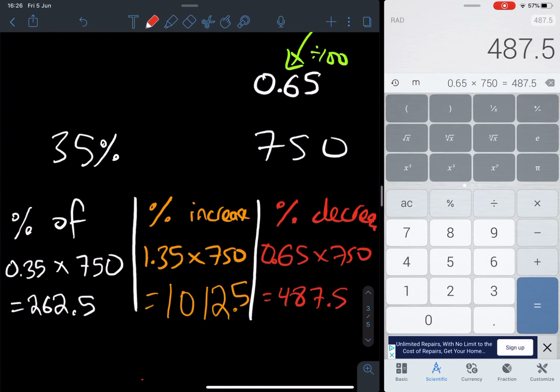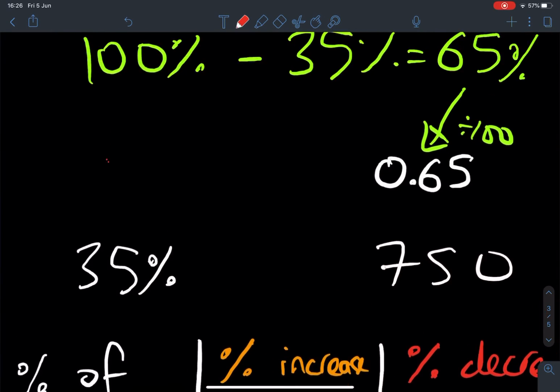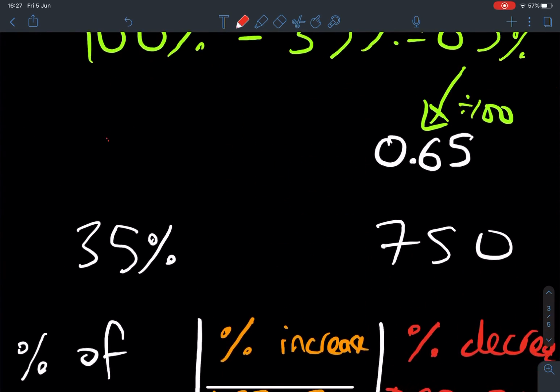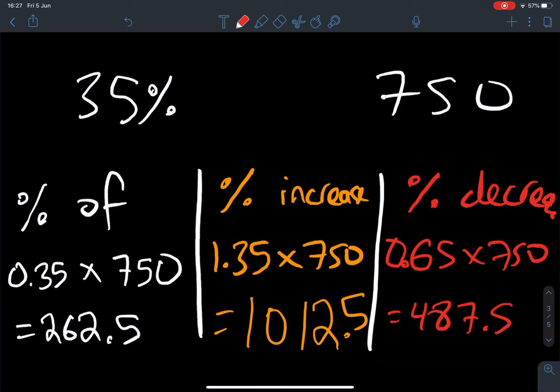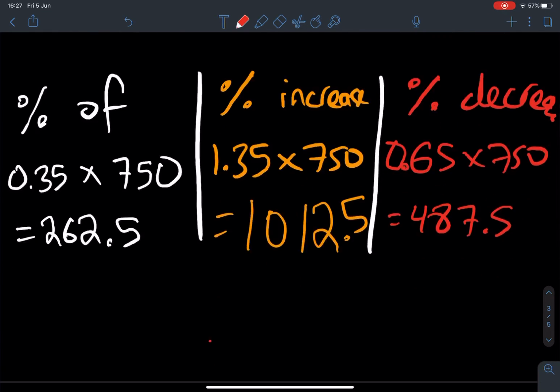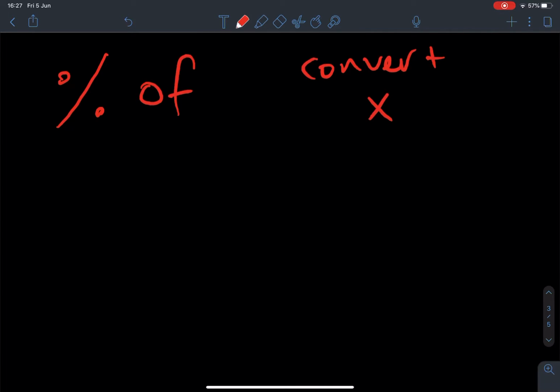Now, if I do it without explaining it, and if I understand the concept, then it becomes a lot simpler. All I have to do is remember that for percentage of, I just convert to a decimal and then I times.